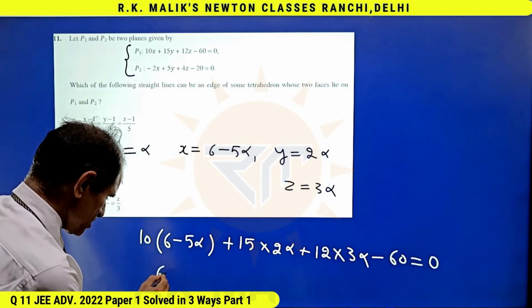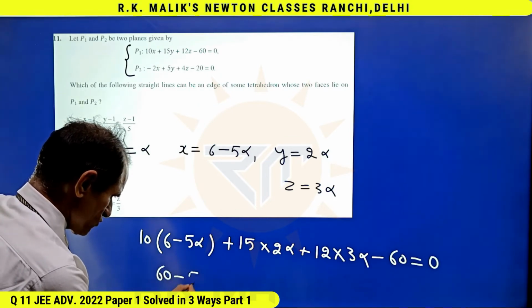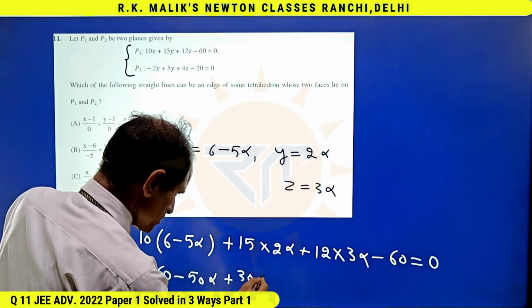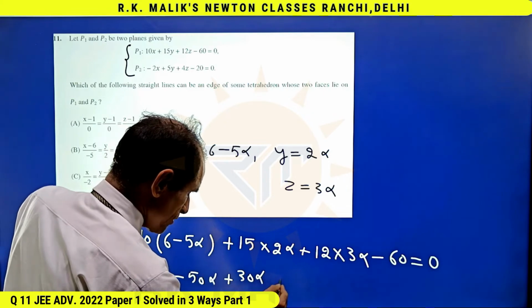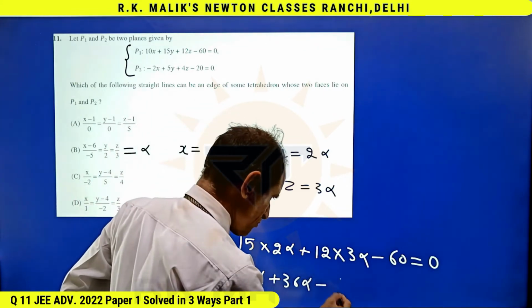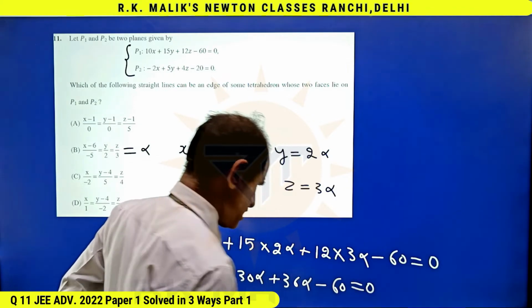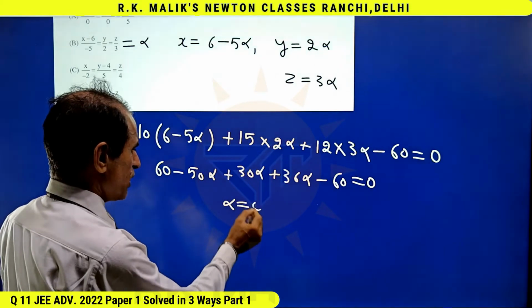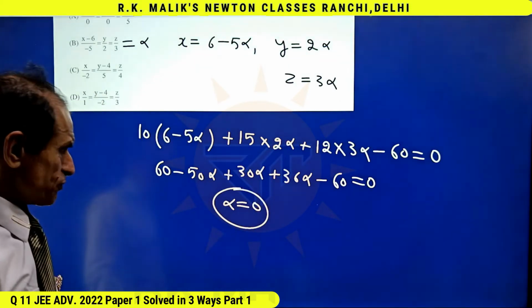That is, you can say 60 minus 50 alpha plus 30 alpha plus 36 alpha minus 60 equal to 0. That you will get the value of alpha as 0.